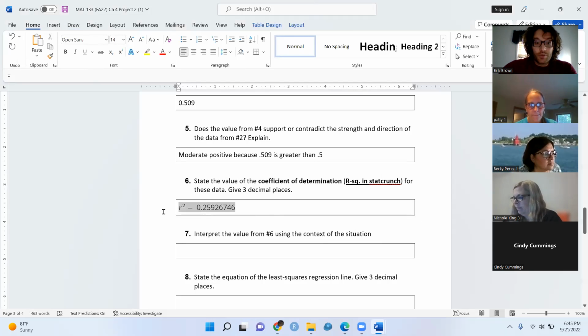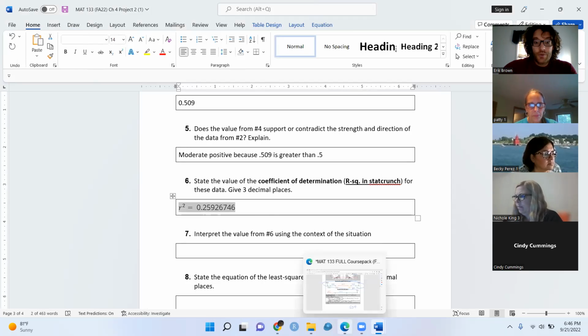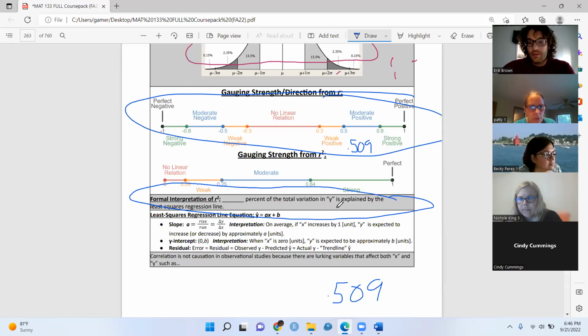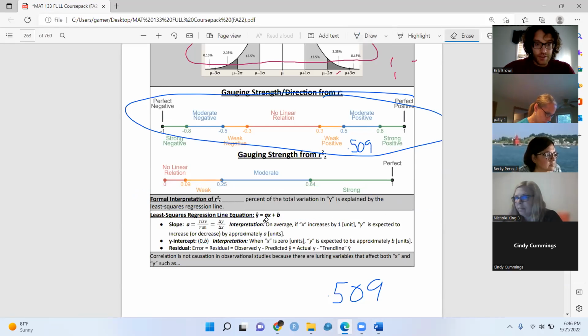Now, if you want to interpret this, you jump back to here and you just write: blank percent of the total variation in height is explained by the model. I take out all this stuff and just say model because it's less to write. But if you like that least squares regression line, by all means, type that in there.